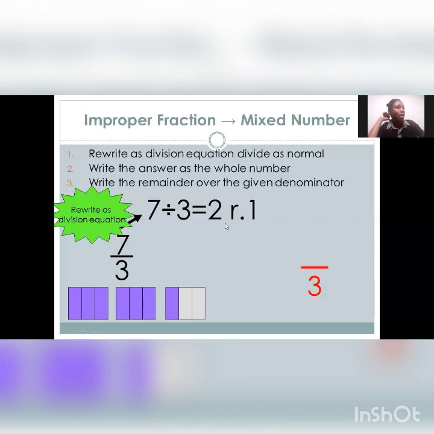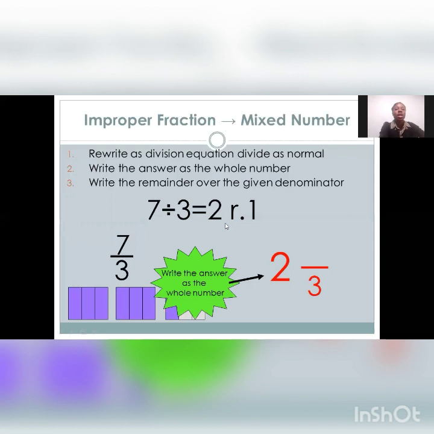That's one. How many? Just how many times the denominator goes into the numerator. We're going to do something else with the remainder, remember? So you take the 2 and write it in the whole number spot.